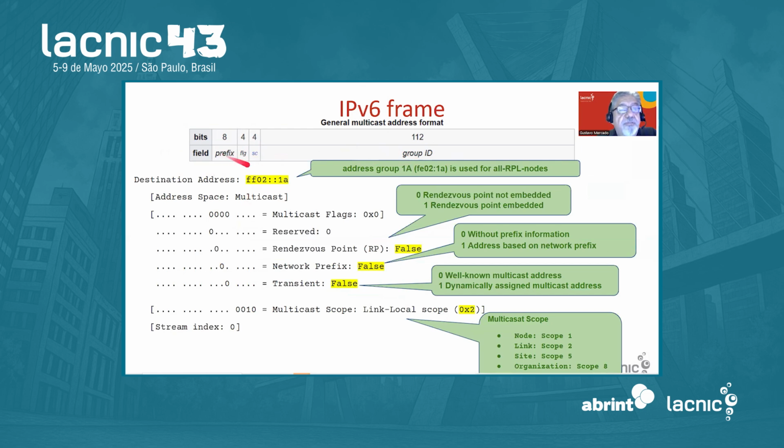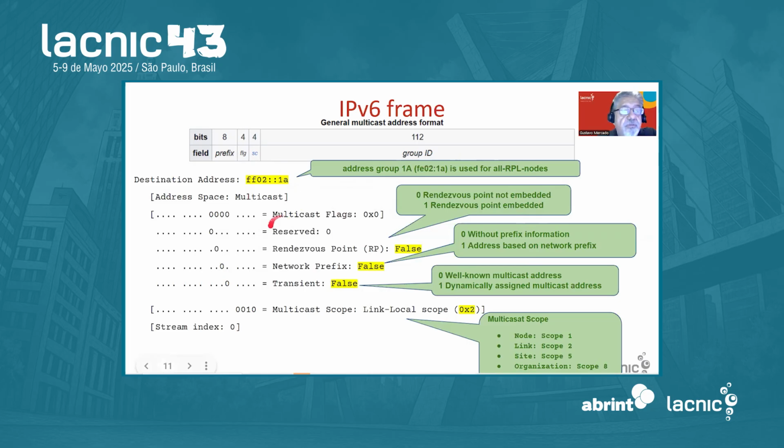Now, in this case, the prefix is FF02 and the group ID is 1A, which means that all RPL nodes are the ones that exist in the link local and that have RPL.